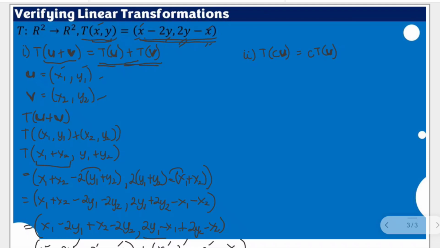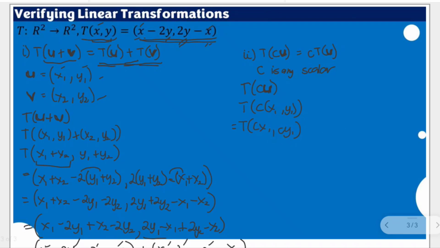Next is to satisfy the second condition, where C is any scalar. If we have T of the scalar C times u, we substitute C times the components of u, x sub 1 and y sub 1, which gives C x sub 1 and C y sub 1.